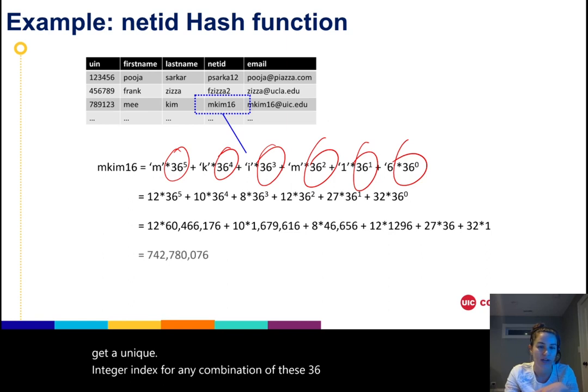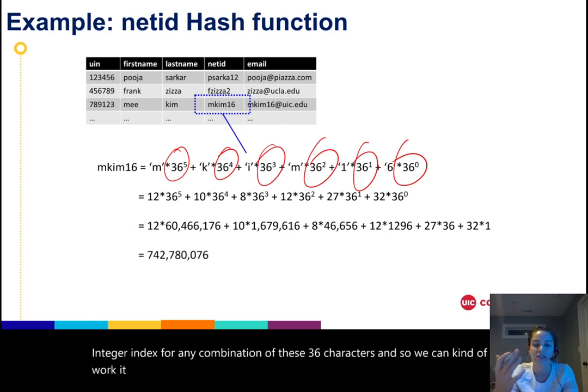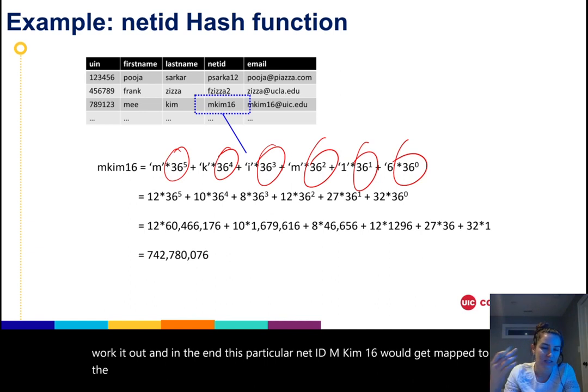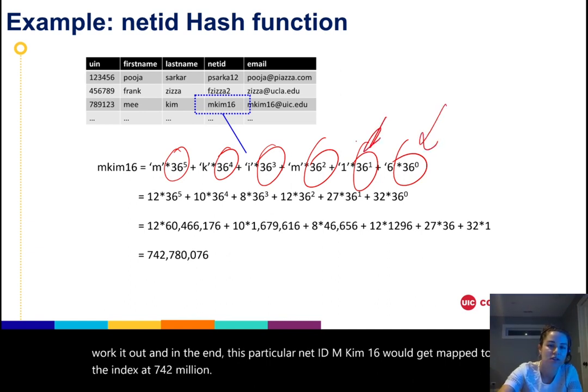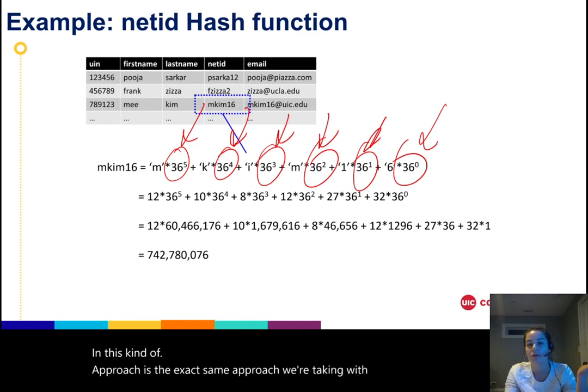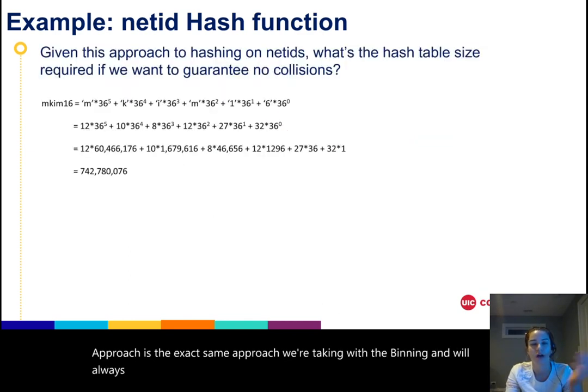And so we can kind of work it out, and in the end, this particular net ID mkim16 would get mapped to the index at like 742 million. And this kind of approach is the exact same approach we're taking with the binning, and will always give us a unique index.